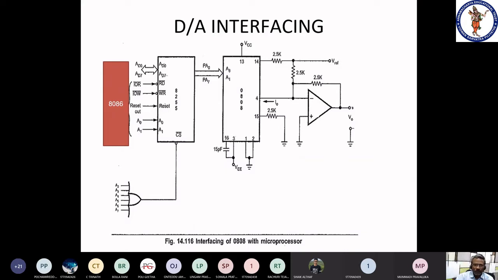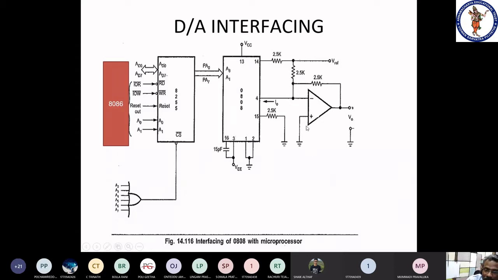Here we need to see how to interface the digital to analog converter. The 0808 DAC has the input pins A1 to A8, which accept the digital data that should be converted into analog form. This is the analog output. This entire op-amp network is the current to voltage converter.